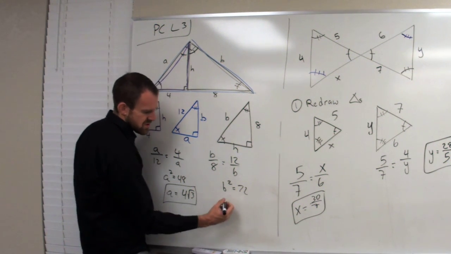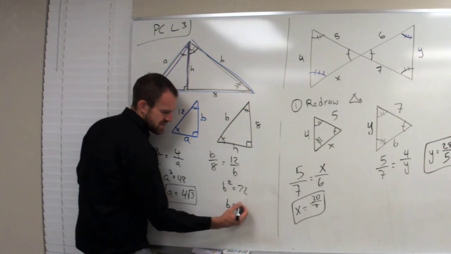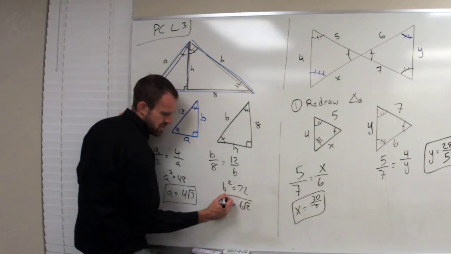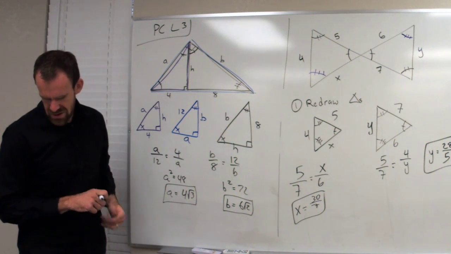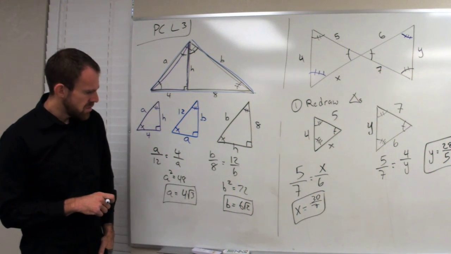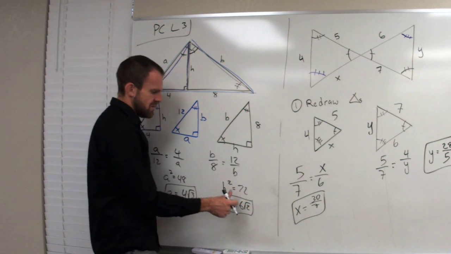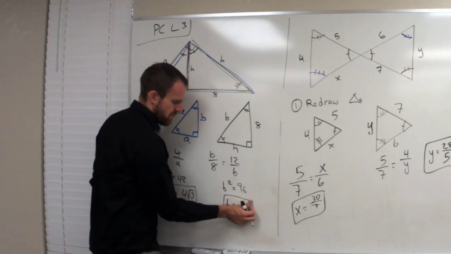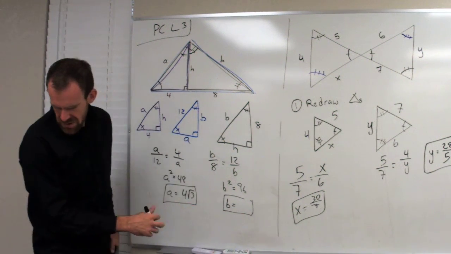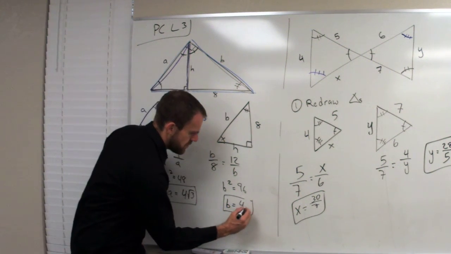So this looks like 36 times 2, so 6 square root of 2. There we go. Whew, mental math. It's hard. I did that wrong. 8 times 12 is not 72. 96. So B is 4 square root of 6.